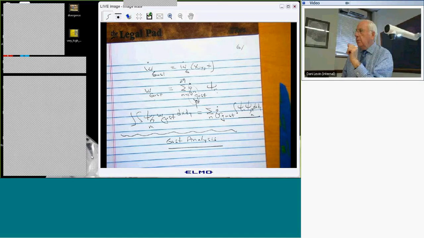But in gust analysis, you don't need a zillion modes. A relatively small number of modes work. Unlike flutter, where you may have a lot of modes. Why? Because you don't know if it's the wings, or the horizontal tail, or the vertical tail, and maybe the fuselage gets involved too. So one reason you use a lot of modes in flutter is because you're not sure a priori which one may be the problem.